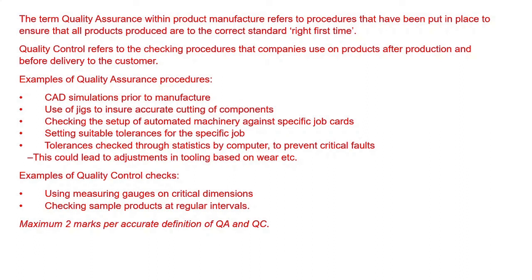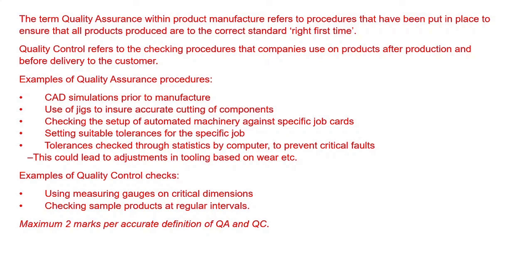So then you talk about quality assurance, could be things like CAD simulations, use of jigs to ensure things are done accurately, setting of automatic, much like CNC machinery to do certain jobs, setting suitable tolerances, checking those tolerances along with gauges and things like that, which then leads to your quality control things. So using measuring gauges like no-go, or using vernier calipers or digital angle finders, checking batches, checking samples to make sure that they're done accurately.